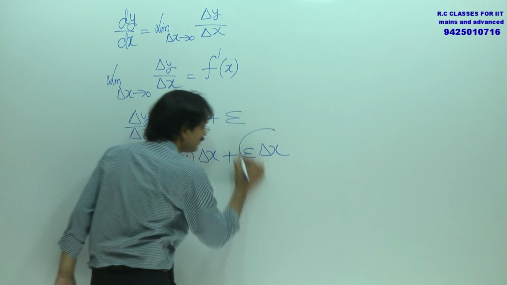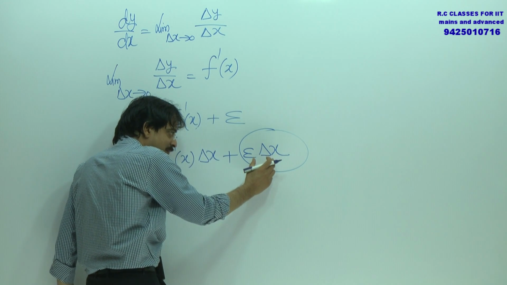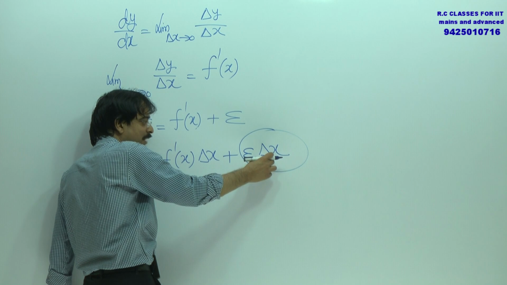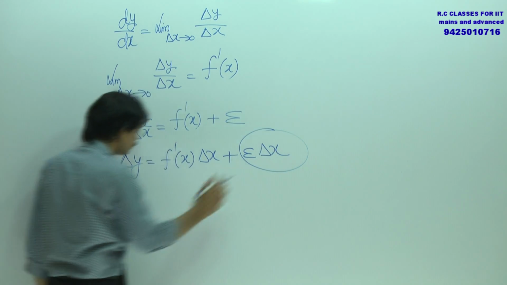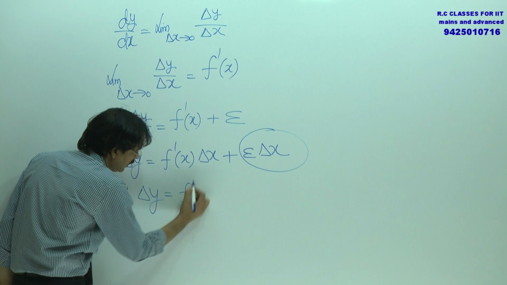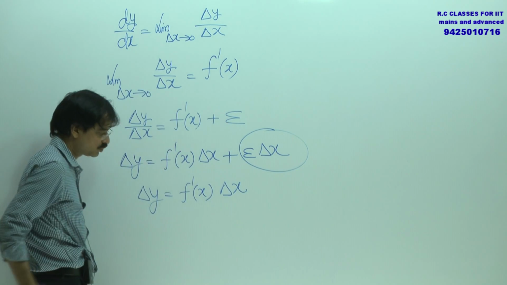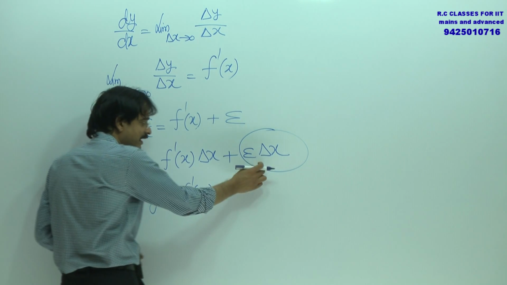Now that's a small value, but again multiplied with a very small value. So that multiplication is going to be a much smaller value. So through approximations, I can say that delta y is equals to f dash x delta x, as that is a negligible value.